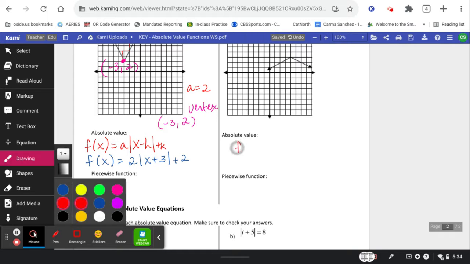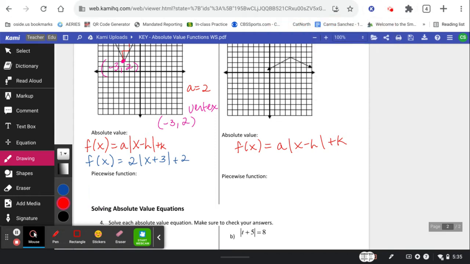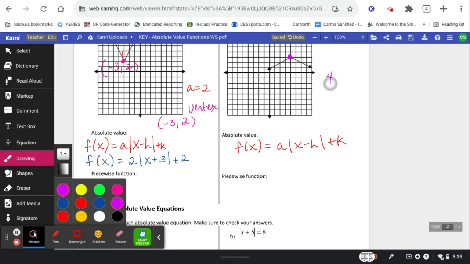Same thing for this guy over here. Let's write out the formula. Okay, so writing out that formula again, in this one, I need to go identify that critical point and count the slope again. So this is 1, 2, 3, 4 to the right and up 3. I see that my HK, or my critical point, is at 4, 3, and my slope this time is down 1, right 2, down 1, right 2.